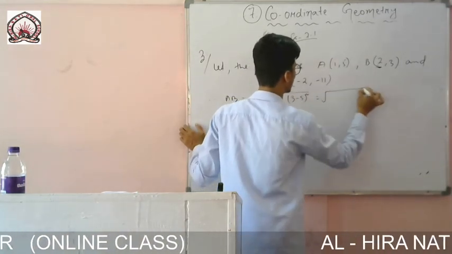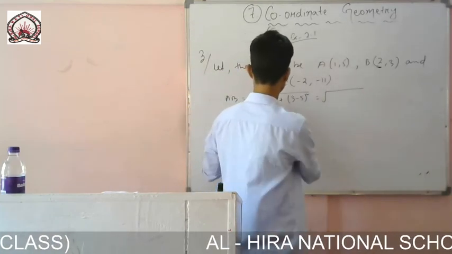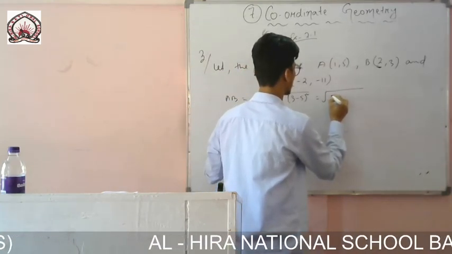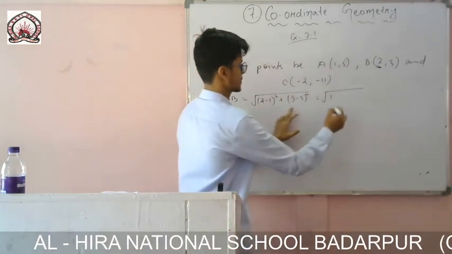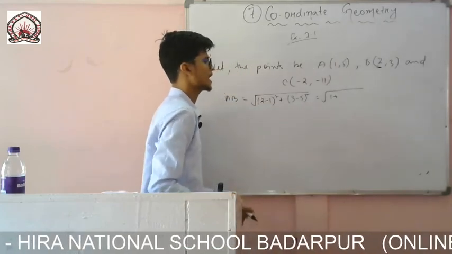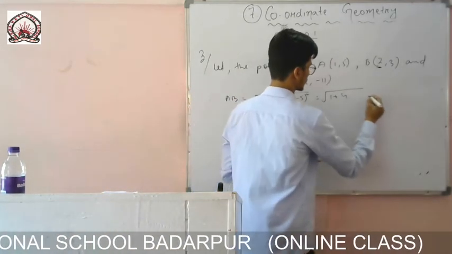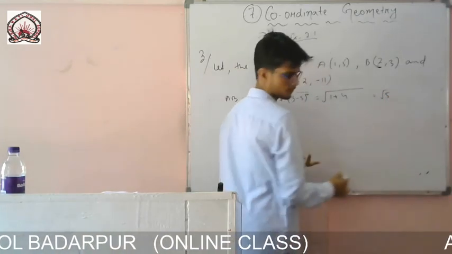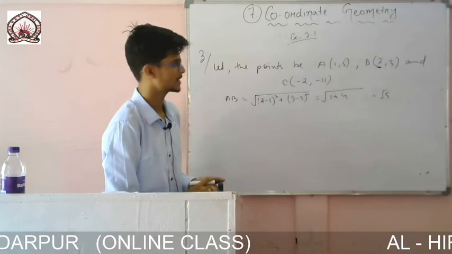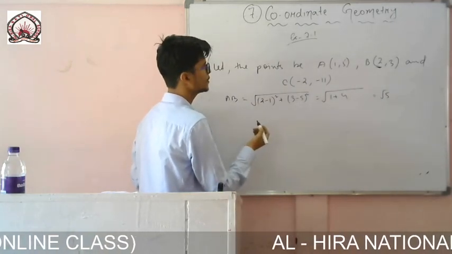Let me solve it in the same line so it will look easy. 2 minus 1 is 1, 1 square is 1, plus 3 minus 5 is minus 2, minus 2 square is 4. So 1 plus 4 is 5. So first one, AB is root 5.